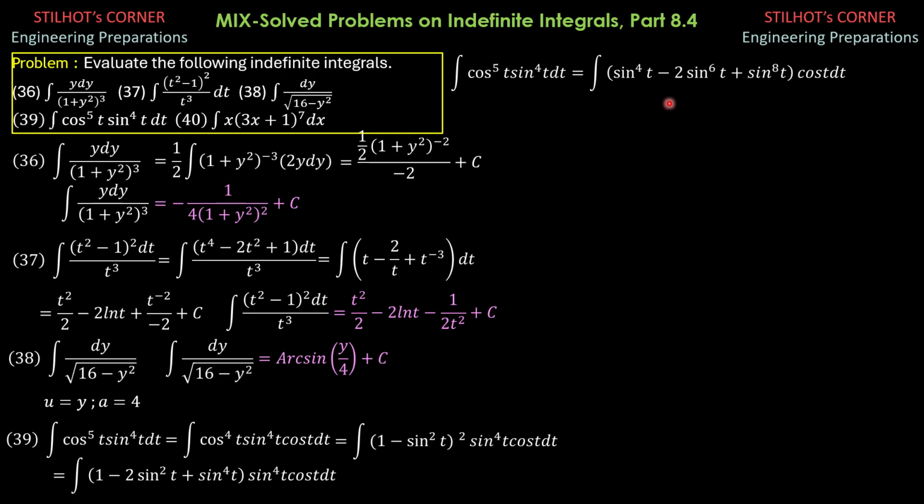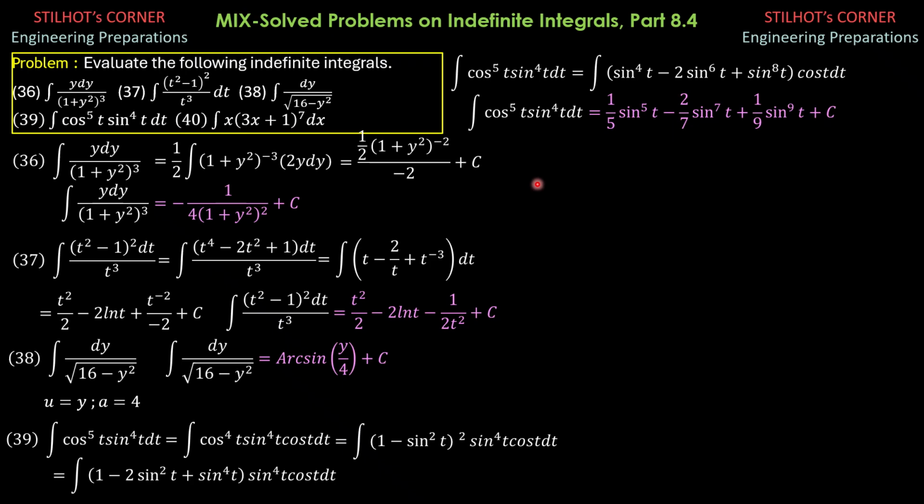So this is by power formula, u be sine t, differential of u is cosine t dt. So it would be sine to the fifth t over 5 minus 2 sine to the 7th t over 7, plus sine to the 9th t over 9 plus c. So that's it for that integral.